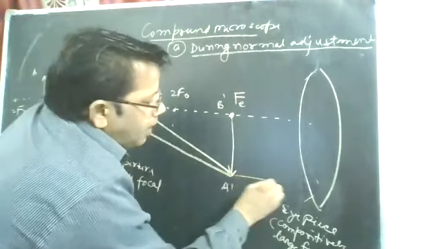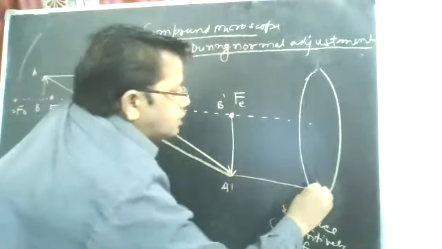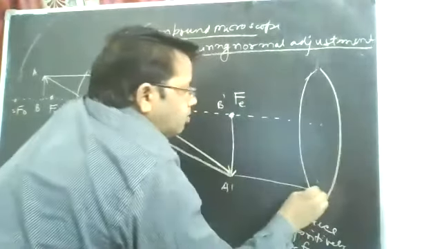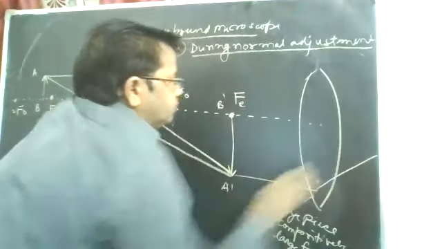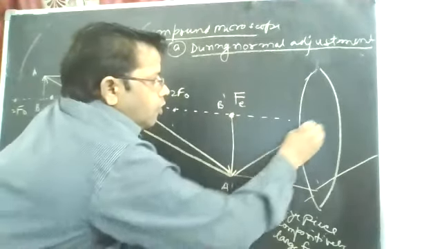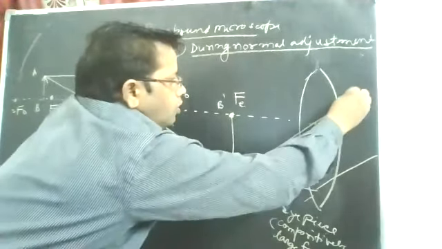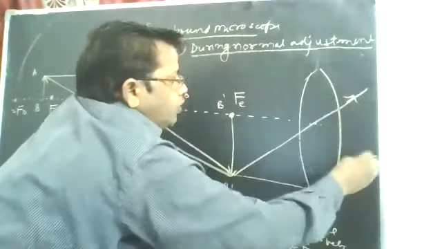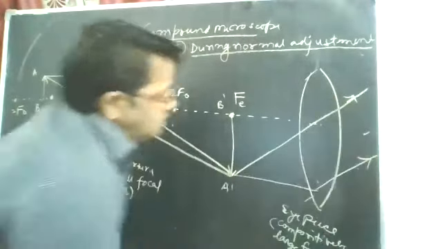Now see where the image will form. Parallel rays pass through the focus point of the objective lens, and the rays pass through the center. These two refracted rays will be parallel.